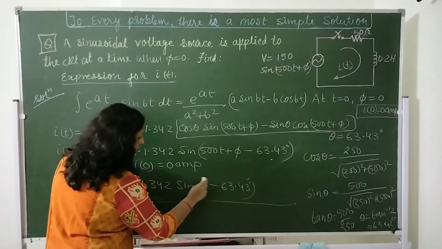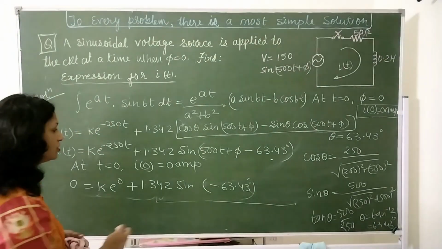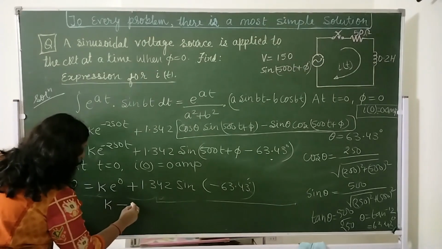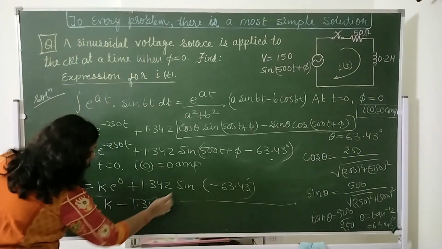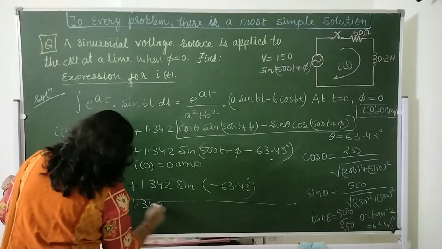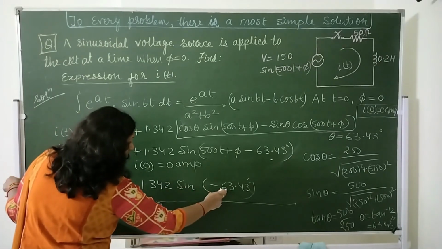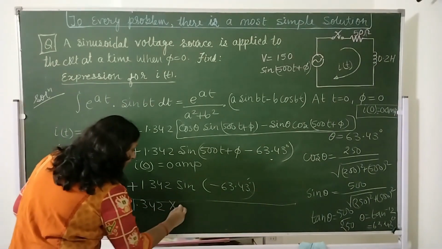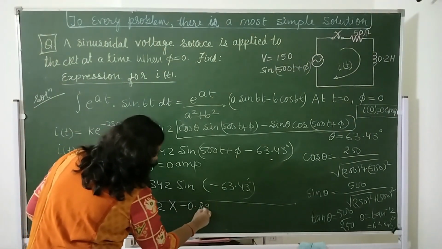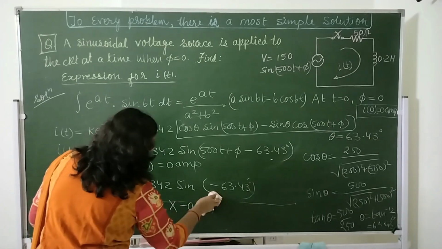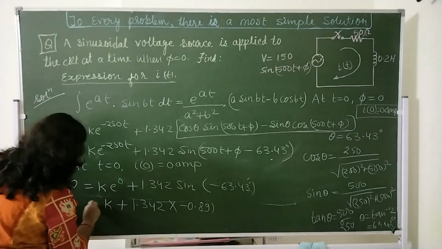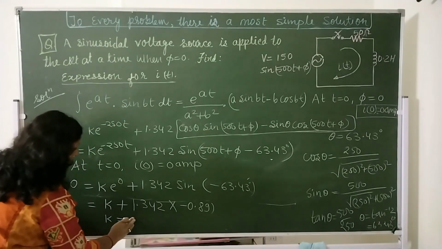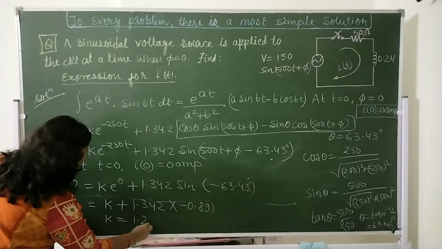So here find the value of sin of minus 63.43. So here K minus 1.342 times sin of this value, sin(63.43), is nothing but 0.89. So K comes equal to this multiplied by this, which is equal to 1.2.